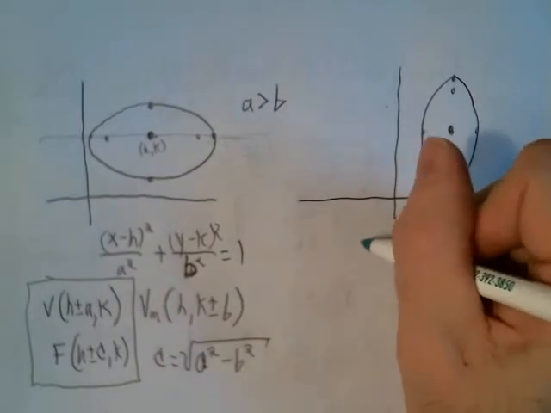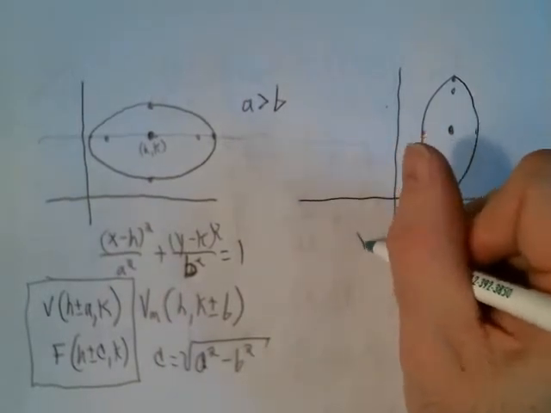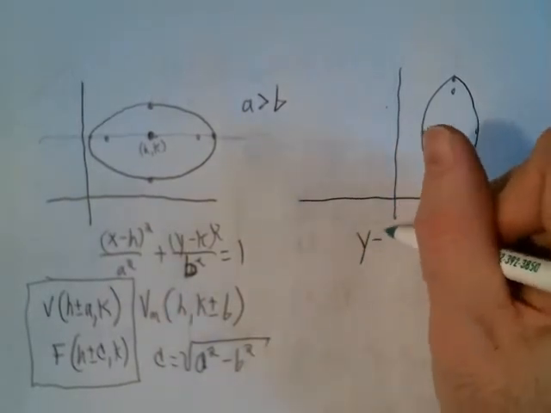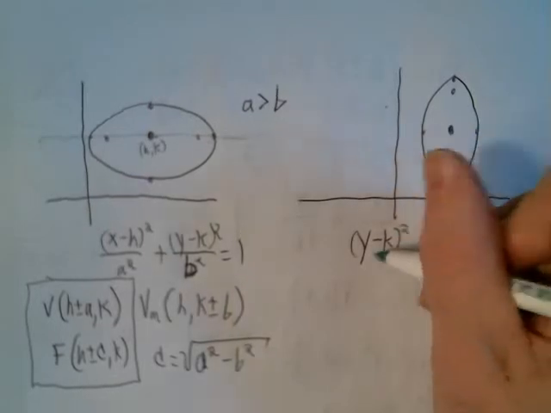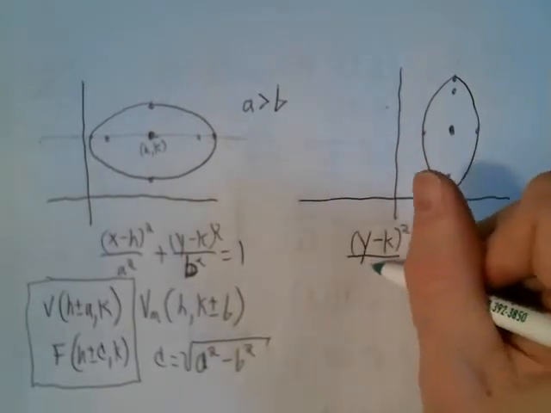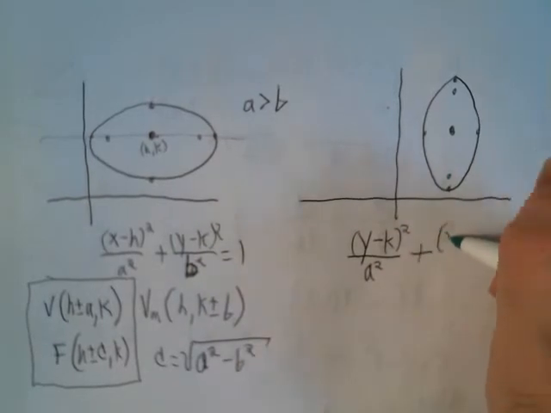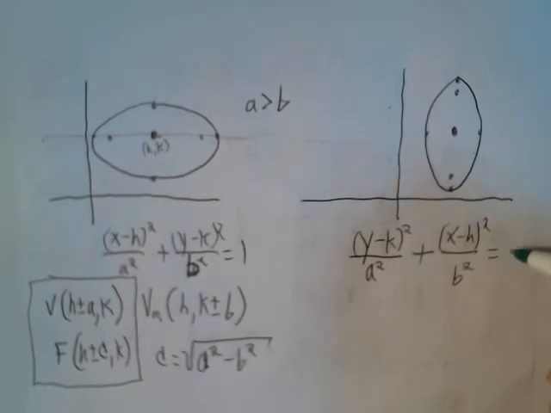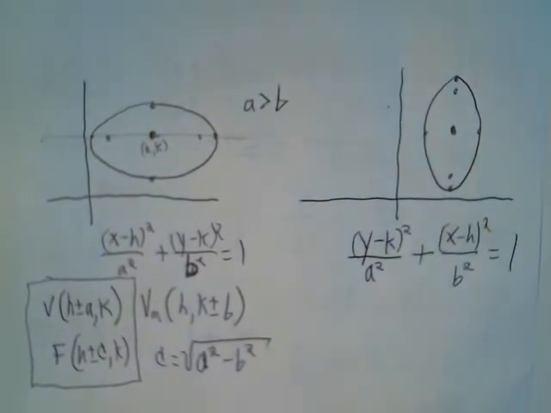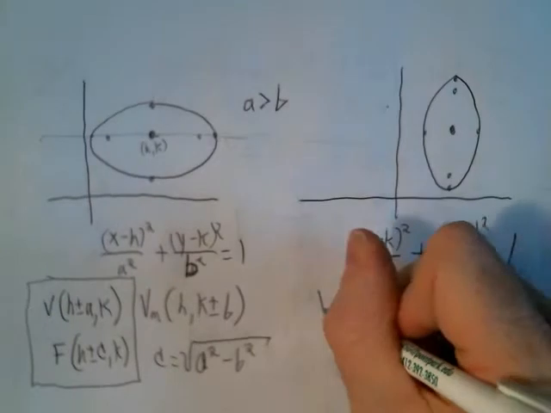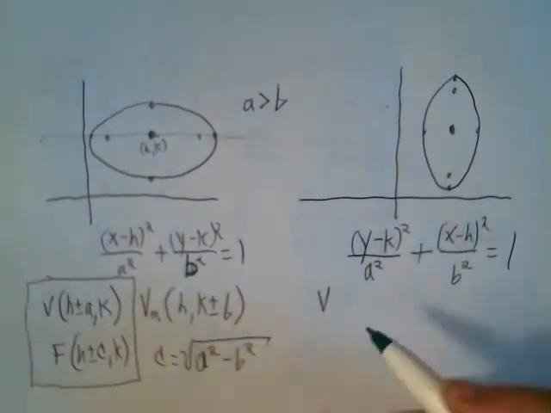Okay. And so this time, the bigger value, the a value, will be associated with the y term. So I'll have y minus k squared over a squared, plus x minus h squared over b squared equals 1. And then to get to the vertices, instead of going left and right, you're going up and down.